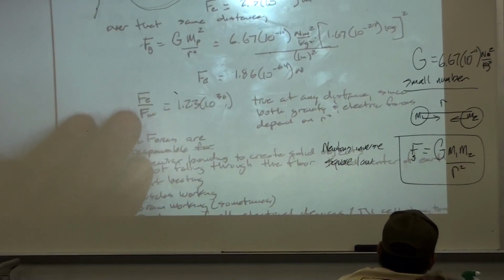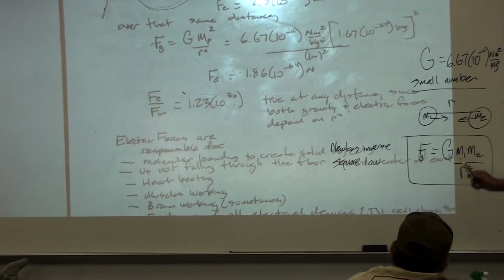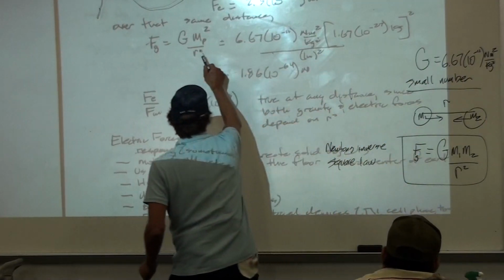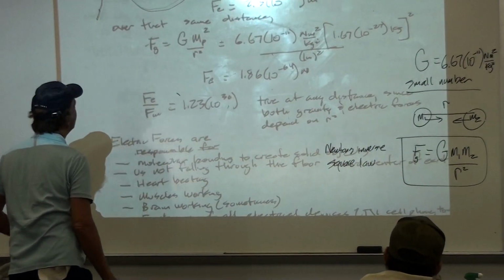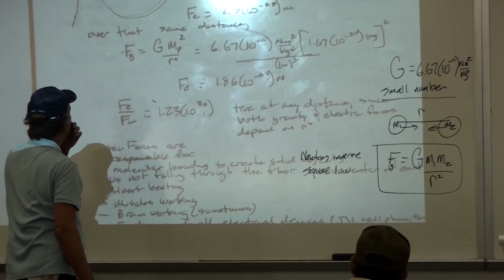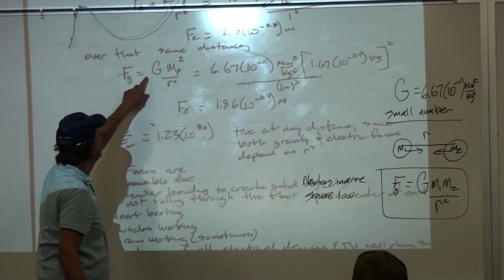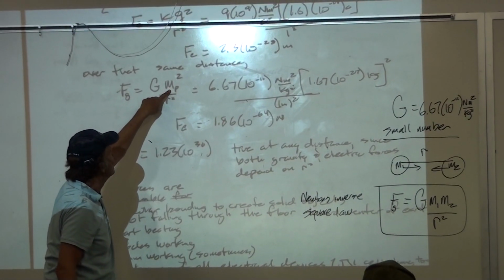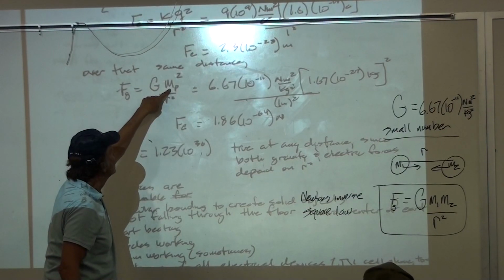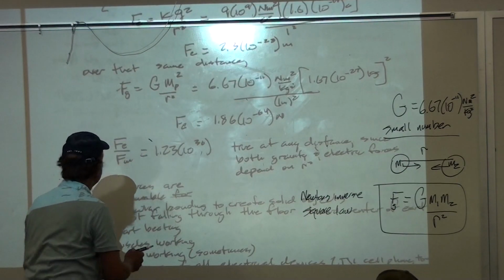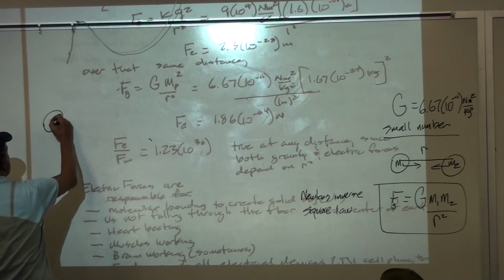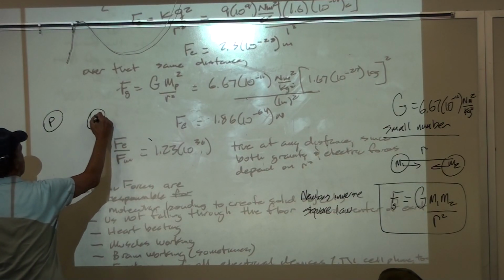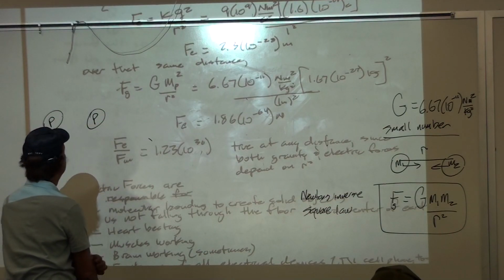If we have, let's do this for 2 protons. This is the force between 2 protons. We do this for the force of gravity. That's G times the mass of the proton squared, m1 times m2, because we have 2 protons, divided by the distance squared.